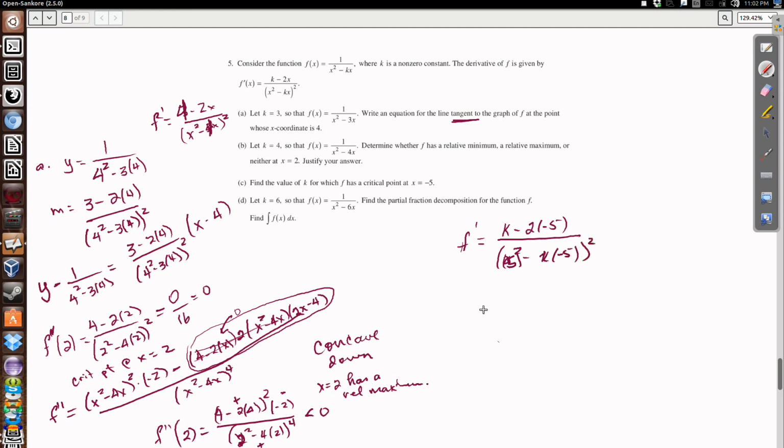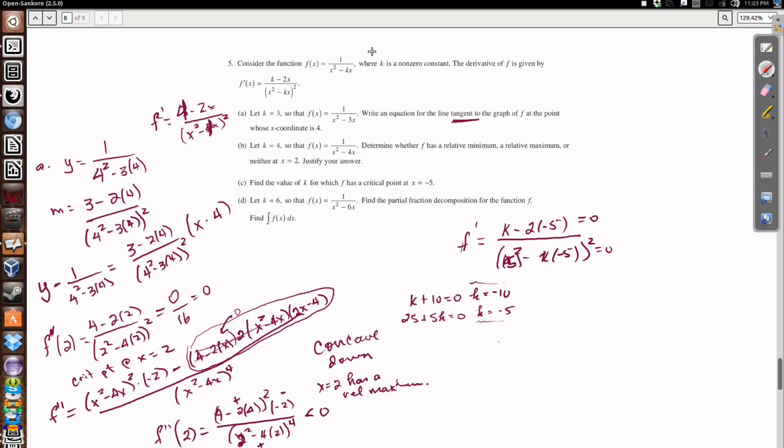And I know that critical points happen where the function equals 0 or where the function is undefined. So if the function is equal to 0, I've got k plus 10 equals 0, and so k equals negative 10. And where the function is undefined, I'm going to have 25 plus 5k equals 0, and so k equals negative 5. The one thing I do have to be wary of is I have to make sure that these points are actually in the domain of my function.